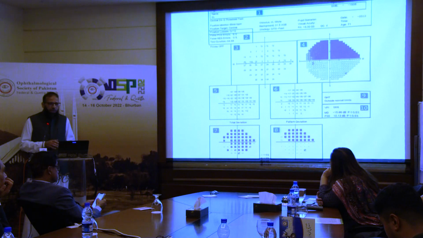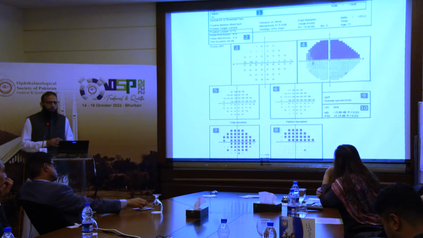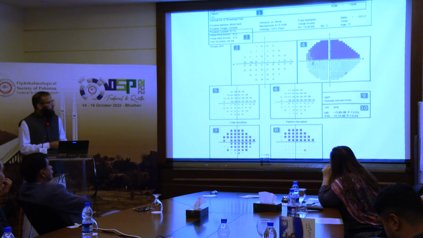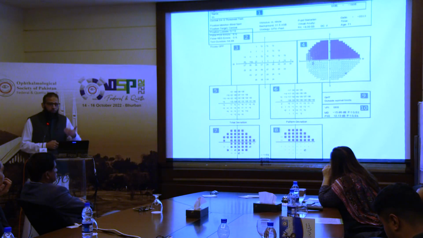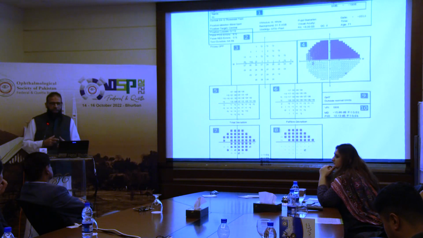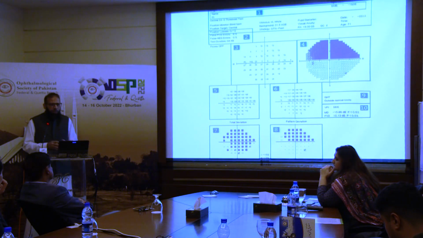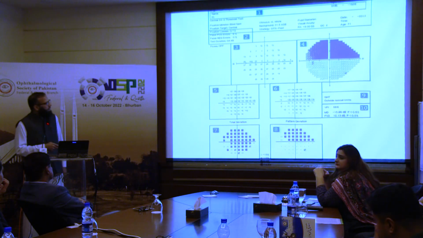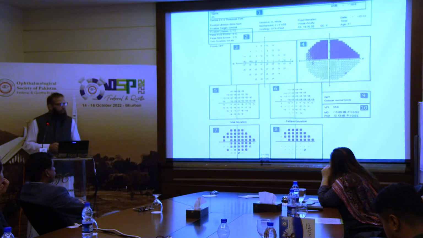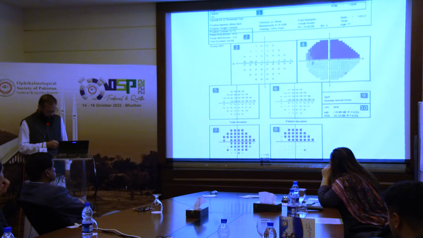If the patient is clicking at a very fast rate, faster than the frequency with which the stimulus is presented, it results in false positives. When the patient is initially attentive, but after some minutes loses attention, this results in false negative errors. And if the patient is moving his eyes, this results in fixation losses.